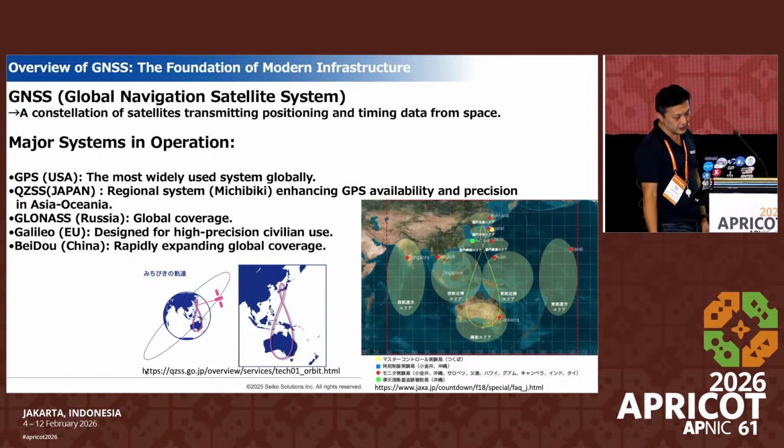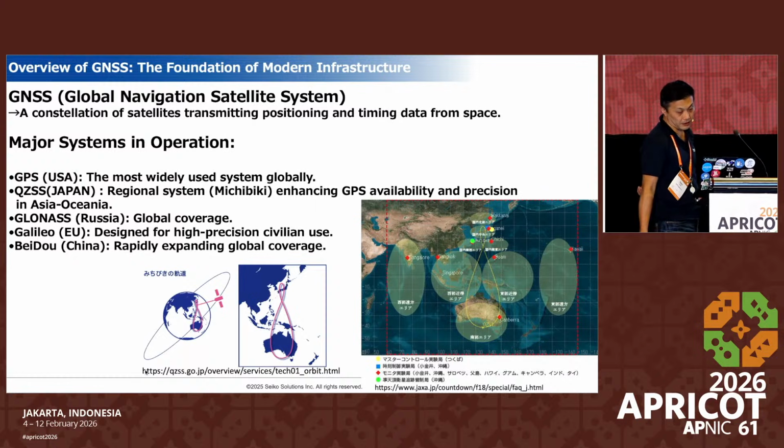Okay, first, let's start with GNSS. GNSS stands for Global Navigation Satellite System. It provides positioning, navigation, and timing information from satellites. Major systems include GPS from US, QZSS from Japan, GLONASS from Russia, Galileo from EU, and Beidou from China, which are widely used worldwide today.